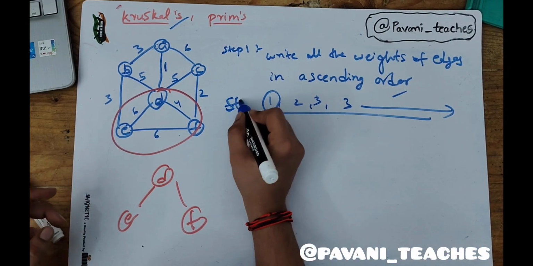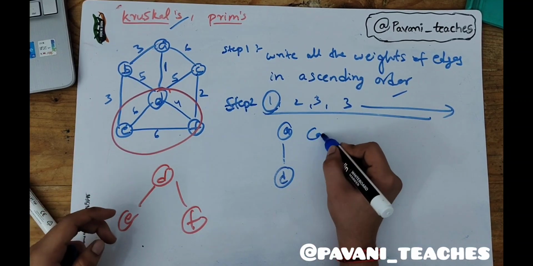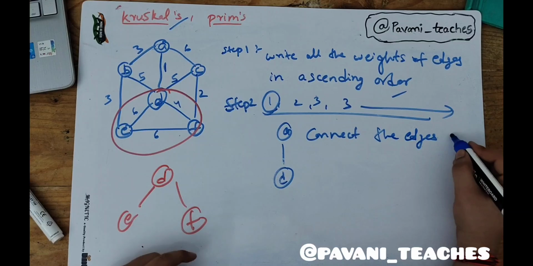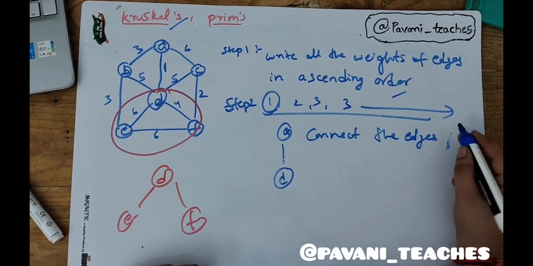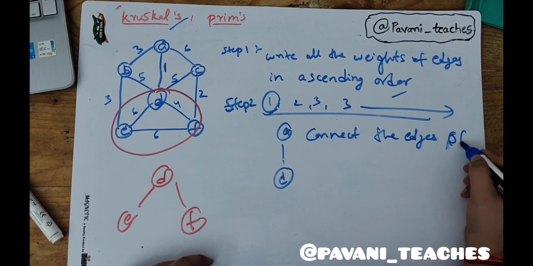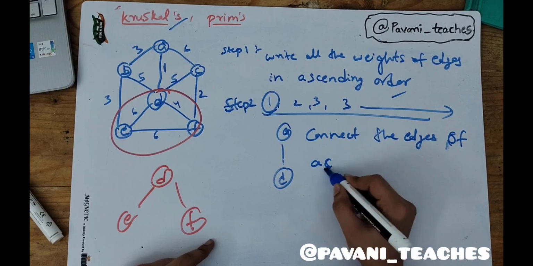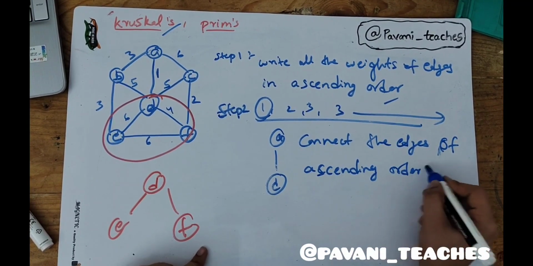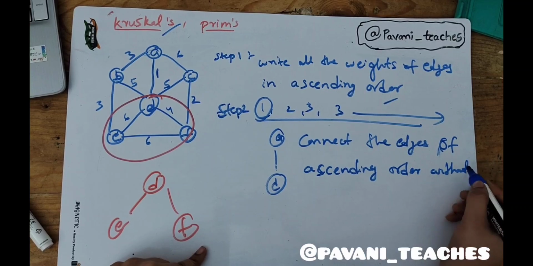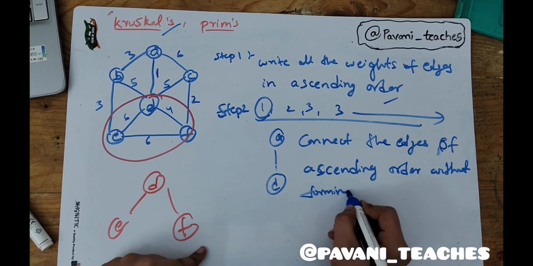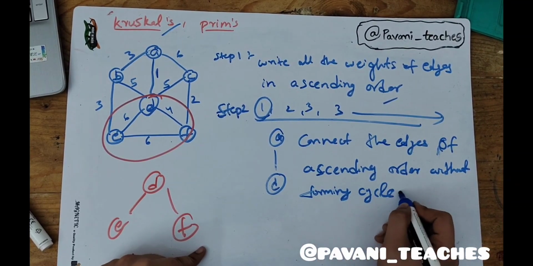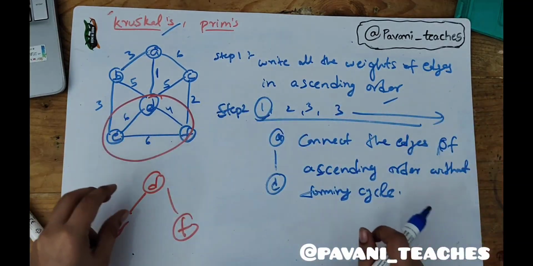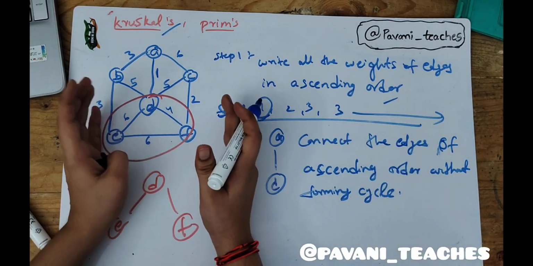Step 2 is to connect the edges in ascending order without forming cycles. That's it. You have to repeat this process until you connect all the vertices that are present in the graph.